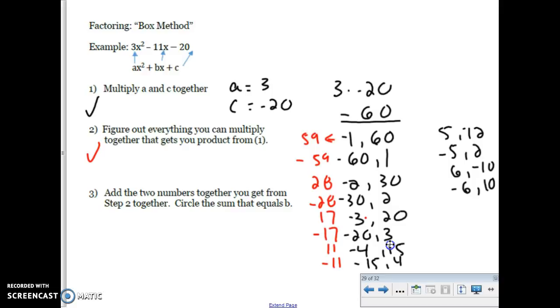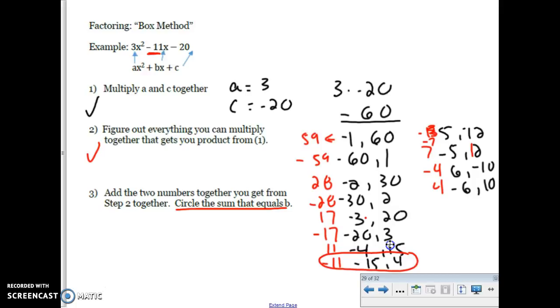Now I want to circle the sum that is equal to b. What is b in this case? b is negative 11. So which one gets me negative 11? Negative 15 and positive 4.